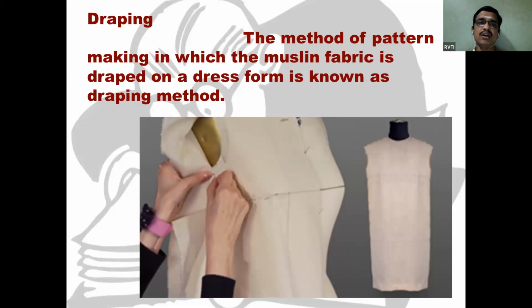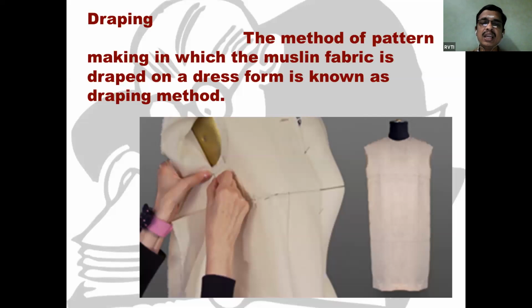We need one dress form, and with the help of muslin fabric we just drape on the dress form, and we try to create the style directly according to our requirements and expectations.